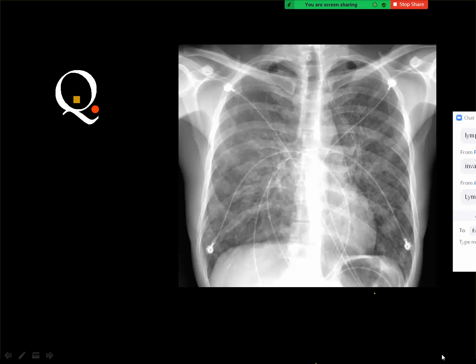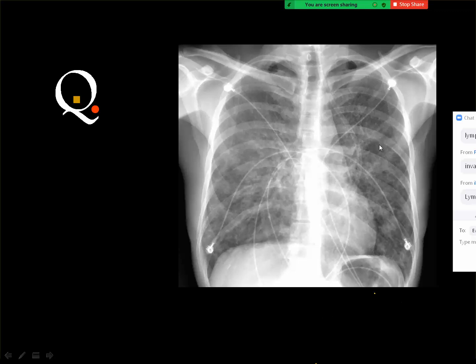Then this is the chest X-ray, and you see diffuse lung disease. And whenever you see a chest like this, you will ask about the history. Sometimes they may not give you some conclusive history.